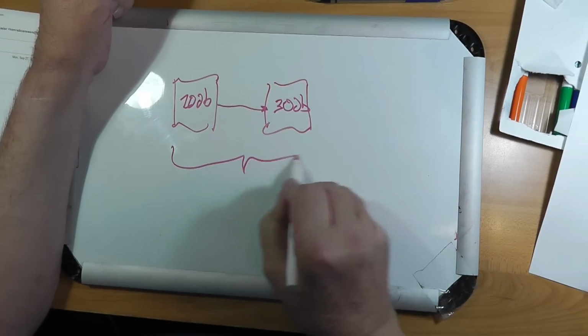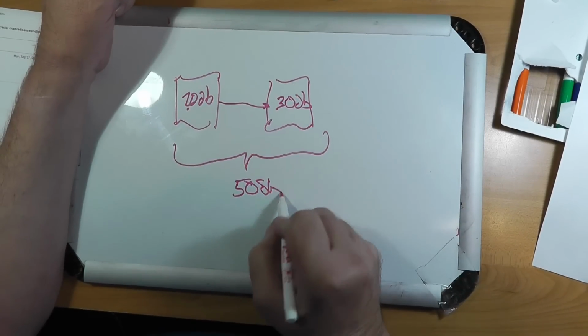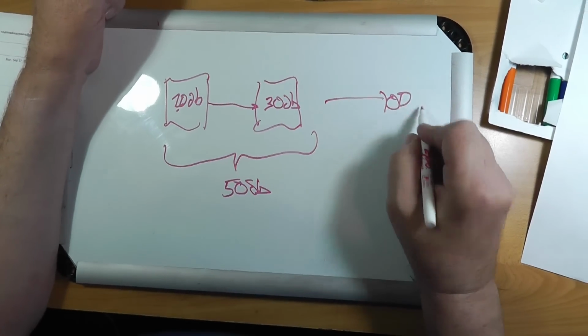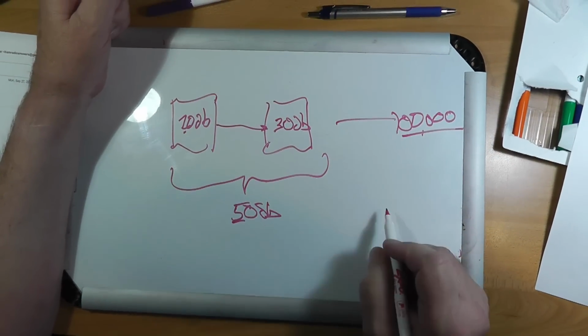Well, the equivalent to this, 20 plus 30 is 50 dB, which is the 100,000 that we got before. 5 zeros.